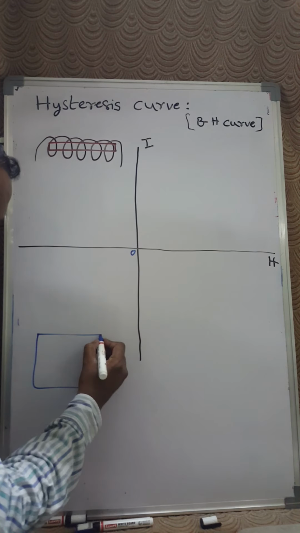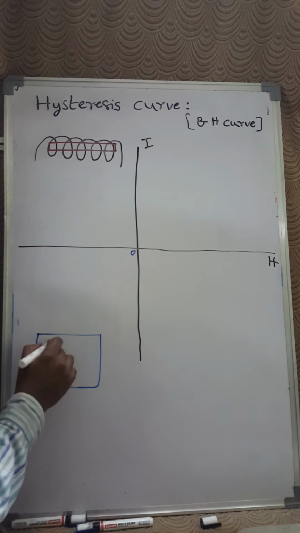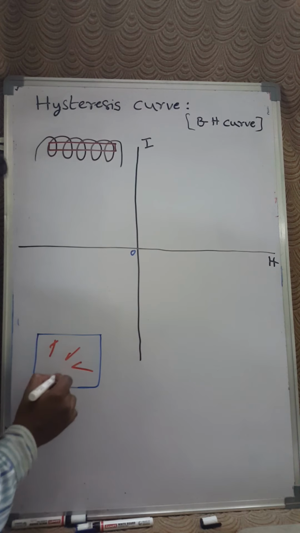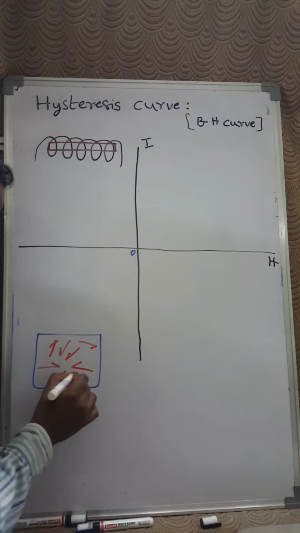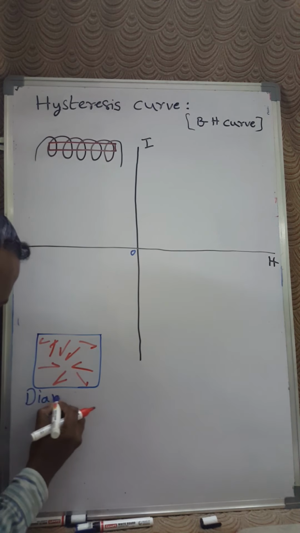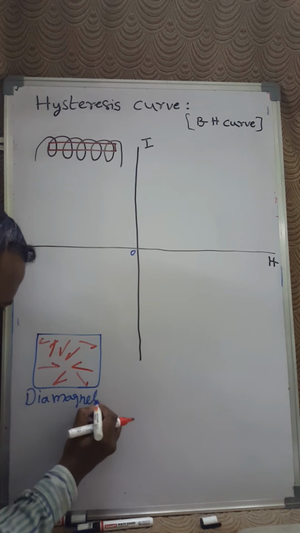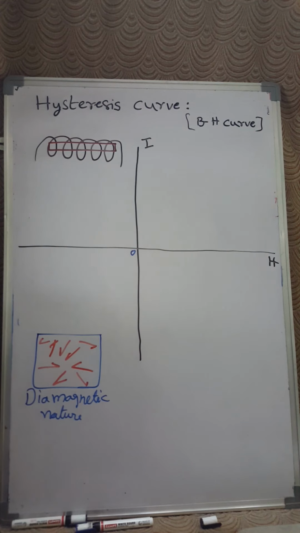The spins present in the substance are randomly distributed. It's a diamagnetic nature. That means generally it shows a random arrangement of spins, as you are going to see here.